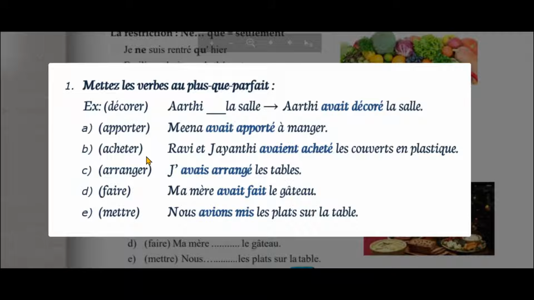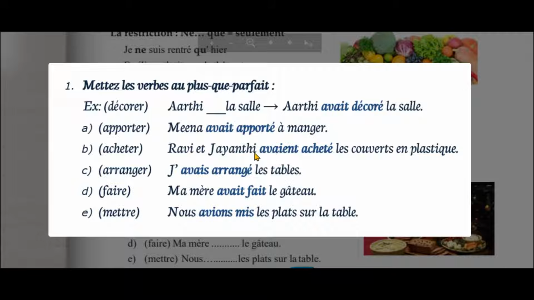So let's move on to the next sentence where it says, Ravi and Jayanti had bought the plastic cutlery. So now here we have two people, so it's going to be written in the plural form. So we take the ils ending for the imparfait, which is aient.